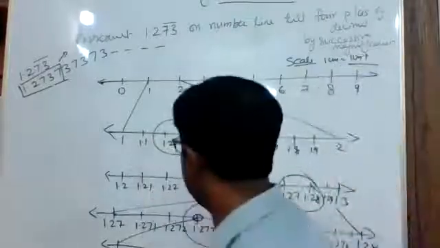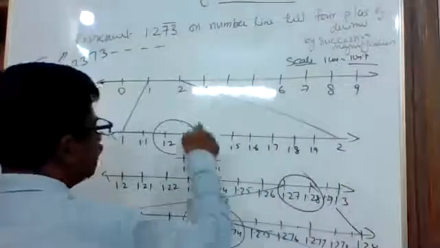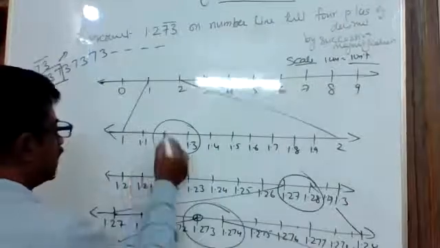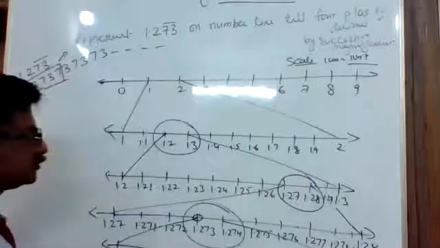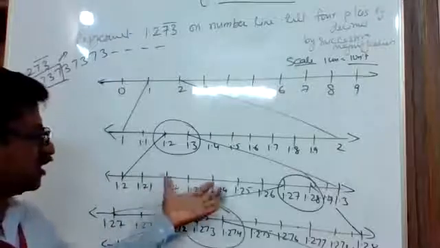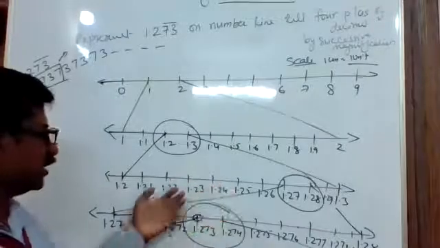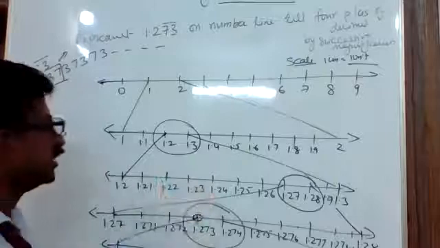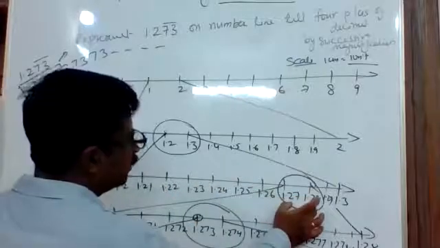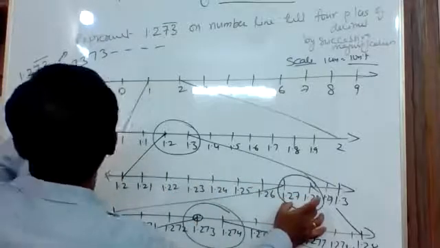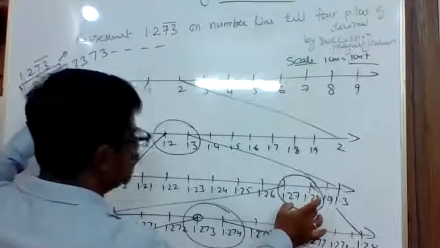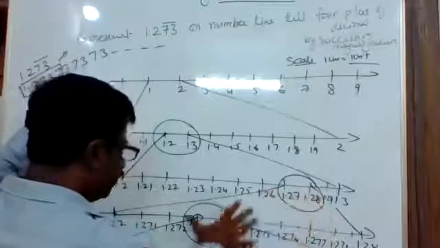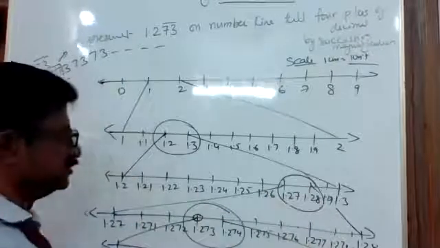Okay, we are using again the magnifying glass over here. The circle represents it is actually a magnifying glass. This 1.2 has come over here and 1.3 has come over here. Again, we have drawn 9 lines in between, divided in 10 equal parts. We are further dividing this 1.27 and 1.28, but because our aim is to reach till 1.2737, 4 places of decimal, we have used the magnifying glass.